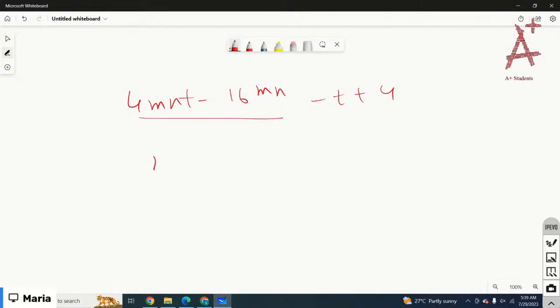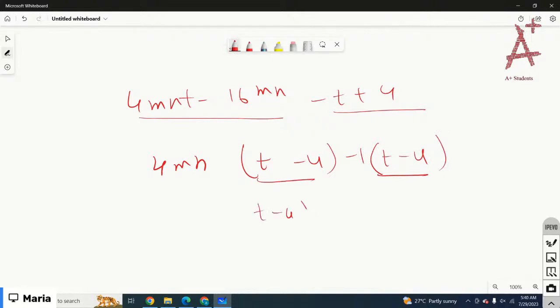From here you can take common 4mn, so you are left with t minus 4. Then you can take common minus 1 from here, so you are left with t minus 4. So t minus 4 is a common factor and we are left with 4mn minus 1.